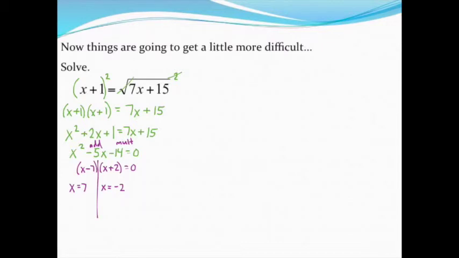And I need to check in the original problem, not in any of my work. So let's go ahead and start by checking x equals 7. I'm just going to write down what I'm checking up at the top. Plugging in 7 to both sides, the left-hand side, 7 plus 1 gets me 8. On the other, I've got the square root of 7 times 7 and then plus 15.